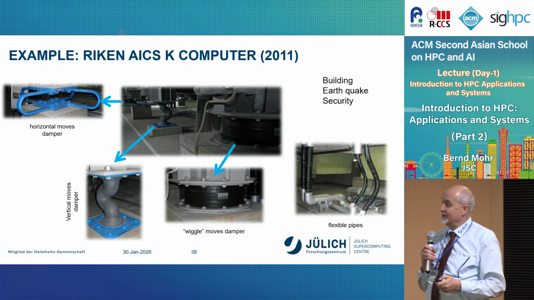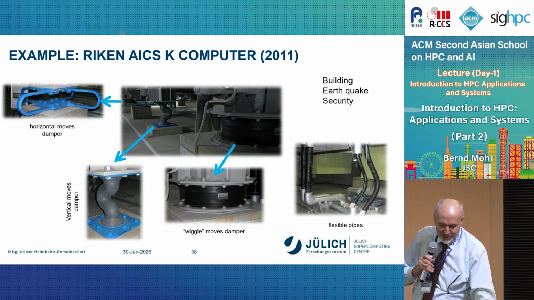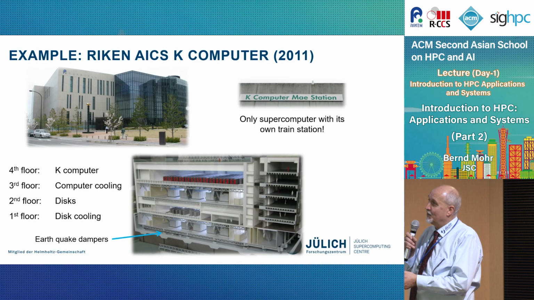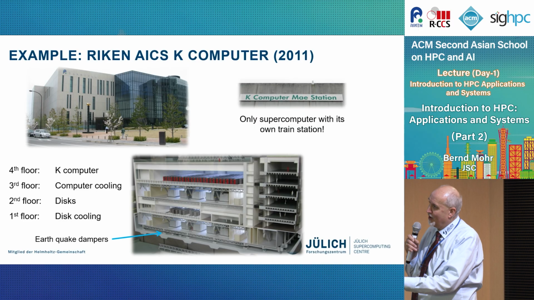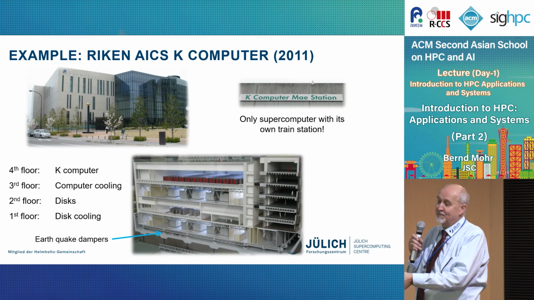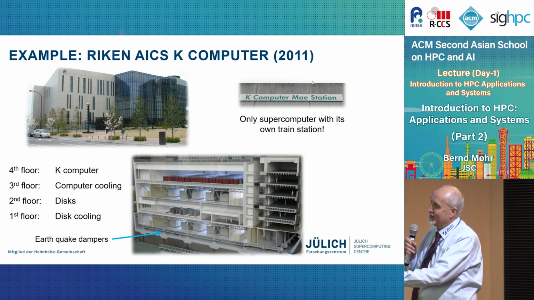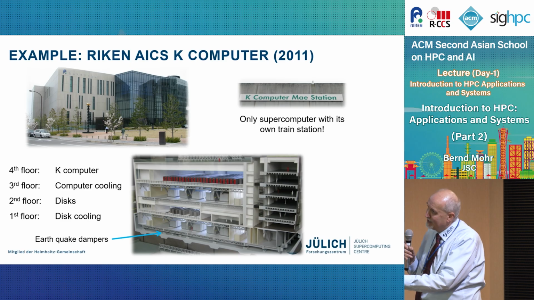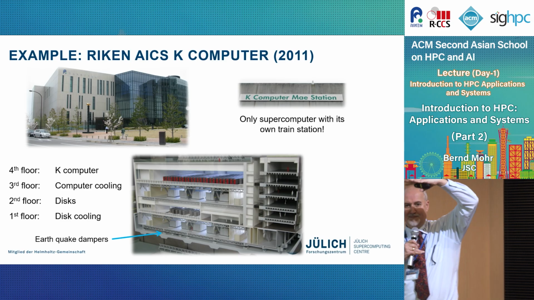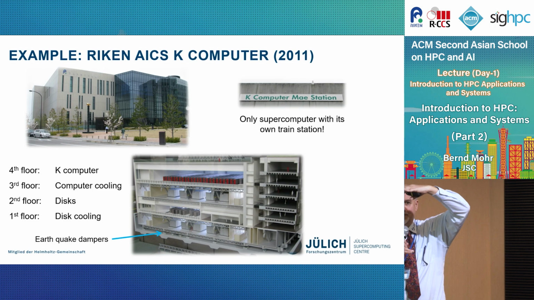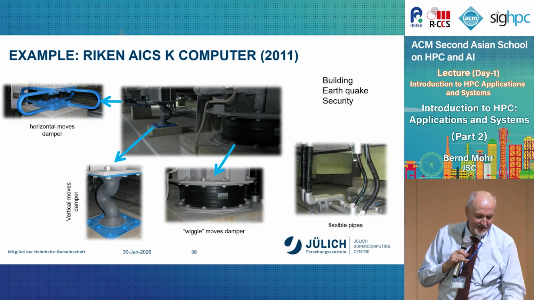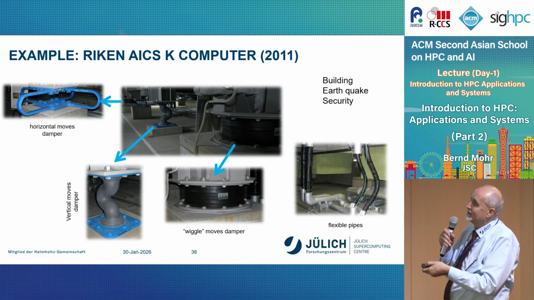The interesting one is, because we're in Japan, there are a lot of earthquakes. So you take this whole building, one big block, with a kind of box down here, and the whole building is put on specific earthquake dampers. The whole 4-story building with all this weight. If you go down in the basement, this is how it looks.